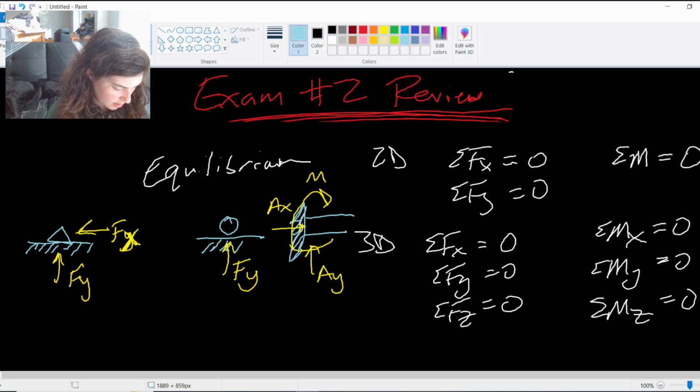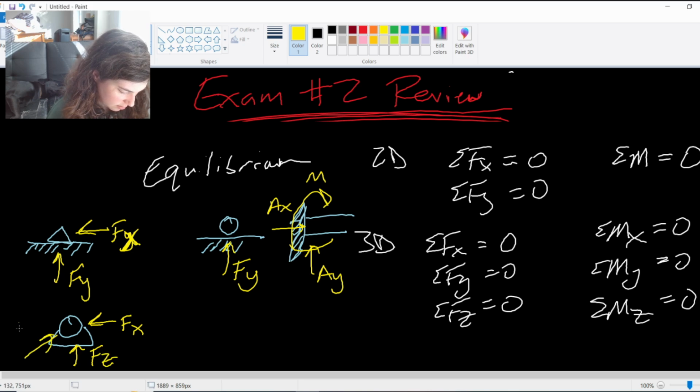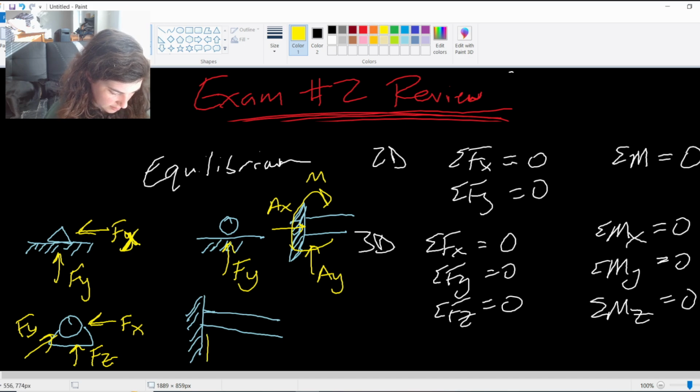So in 3D, a ball and socket is really the major different one. A ball and socket constrains in all three force directions, X, Y, and Z. And then your fixed support now constrains, instead of in 3 directions, it will be in the X, Y, and Z force directions, but also moments.